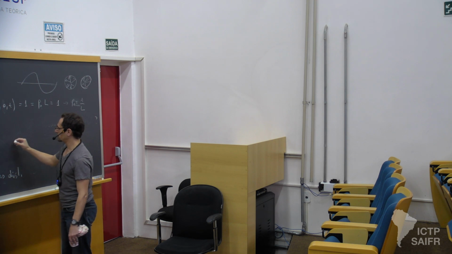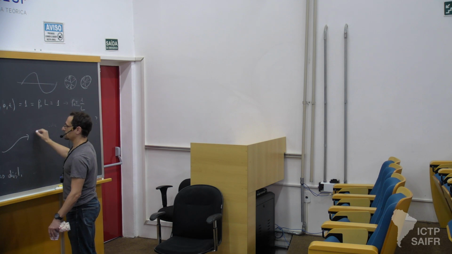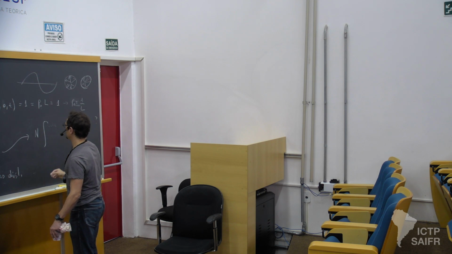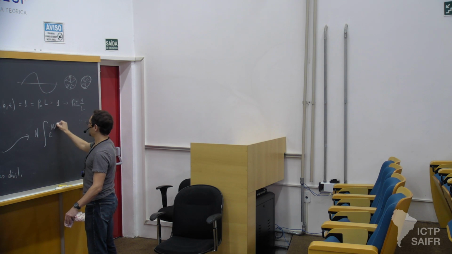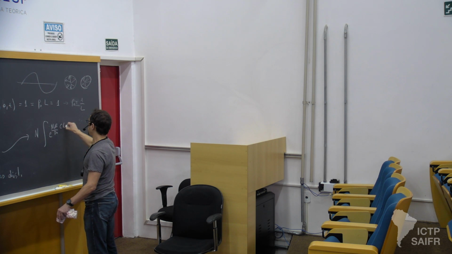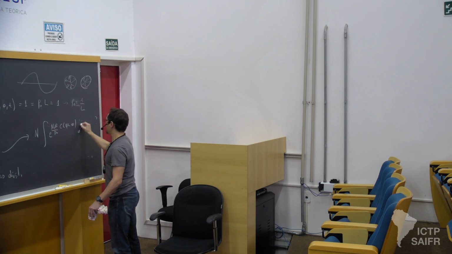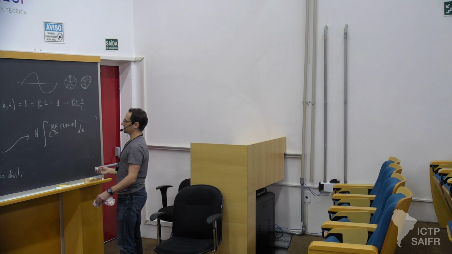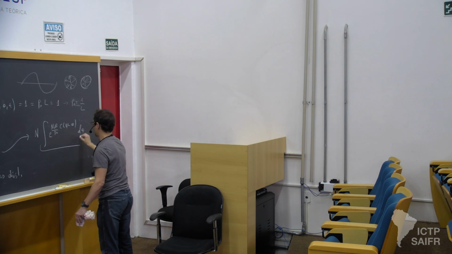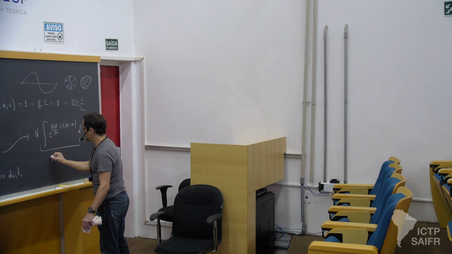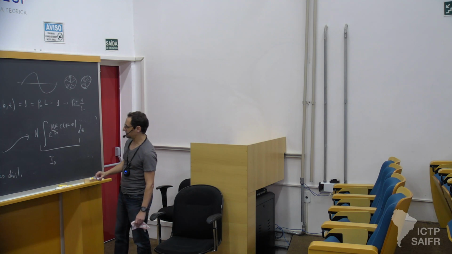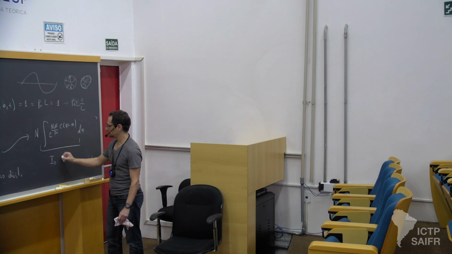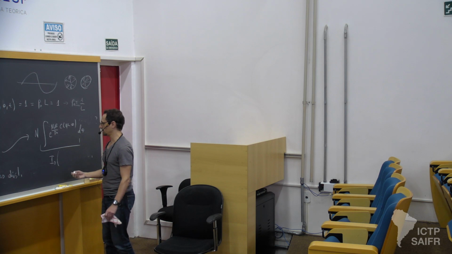So this N, I can obtain it by the integral of this guy, right? And this is the modified Bessel function of first kind order 0. But doesn't matter, it's this thing in here, right?